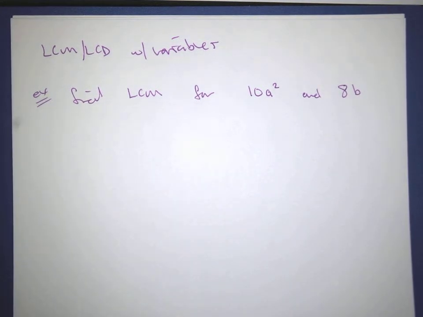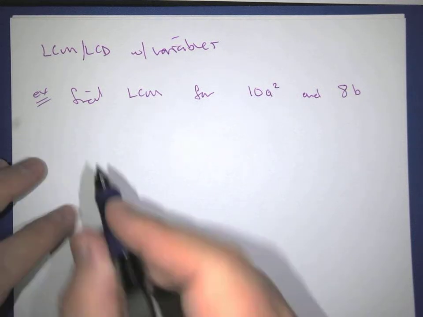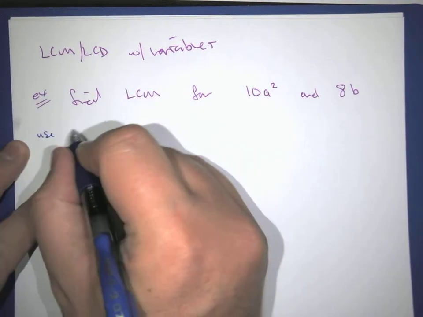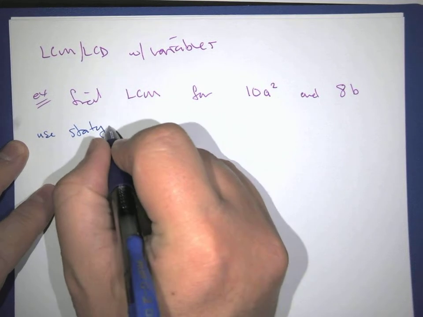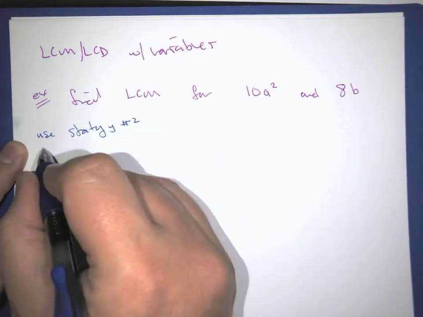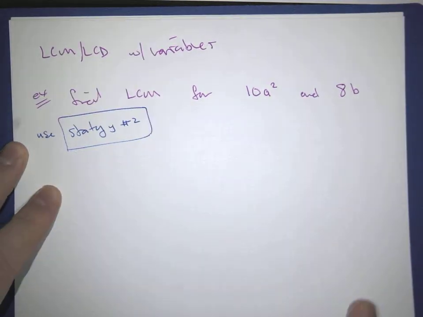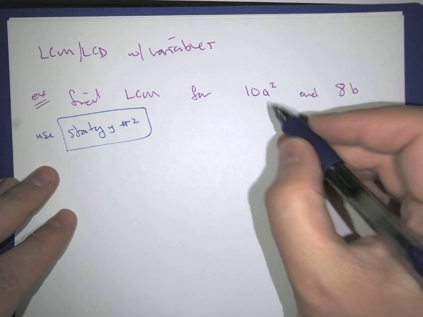And so what I'm going to suggest here is, well, gosh, maybe let's build it up with the variables. Maybe that's easier. So let's use strategy number 2. We'll do some more of these, of course, in the other thing, but I can break these apart.